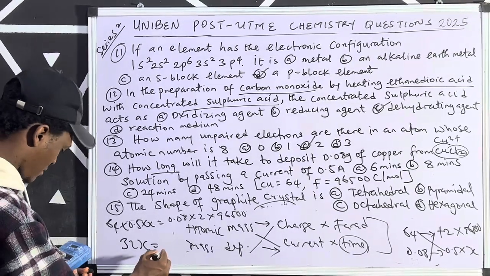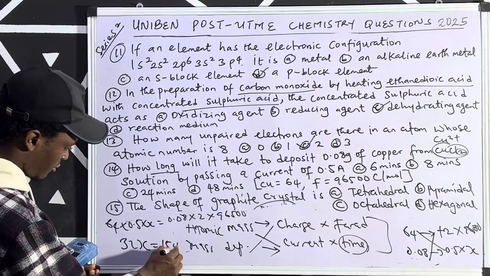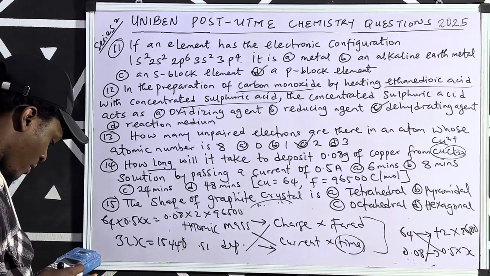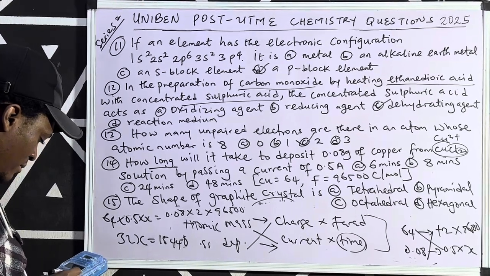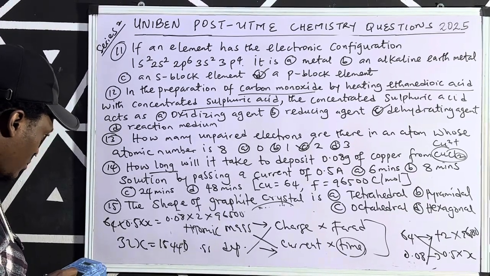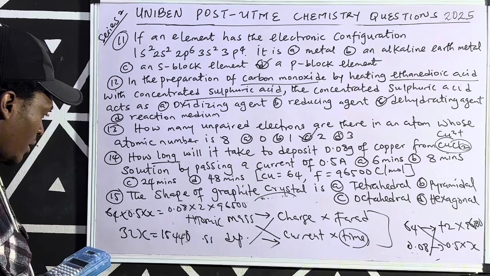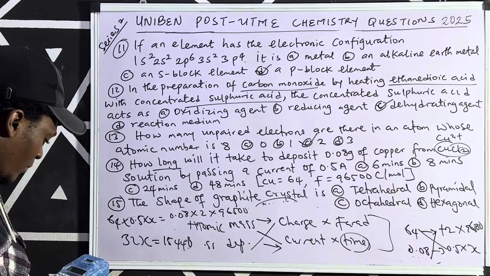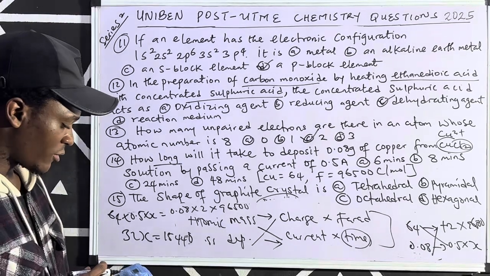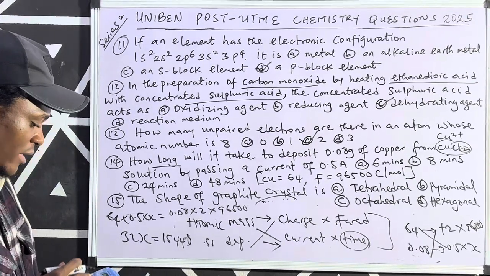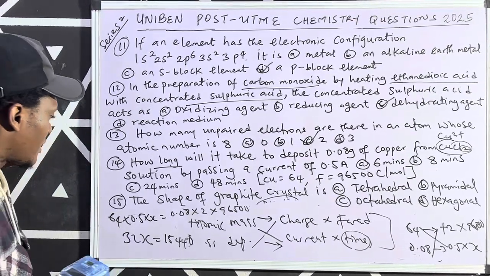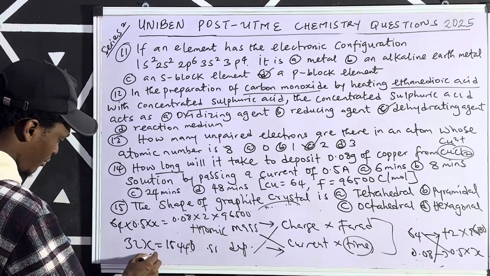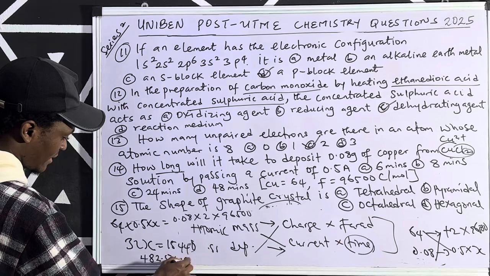We obtained 15,440. So when we divide by 32, we obtained 482.5. So this is in seconds.